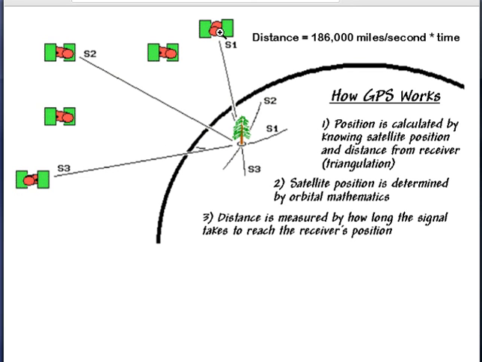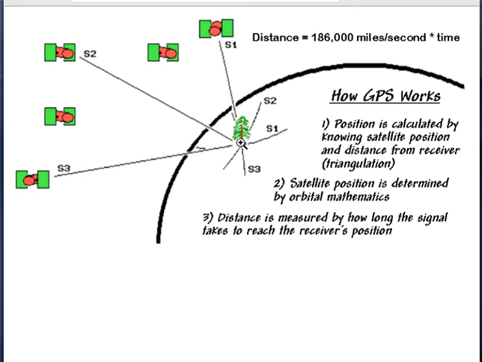We have satellites that are up in the sky above the Earth, and we usually need at least three. If three of them are sending signals down and our phone can receive signals from three of those, triangles are constructed. The satellites tell the phone what position in the sky they're at.